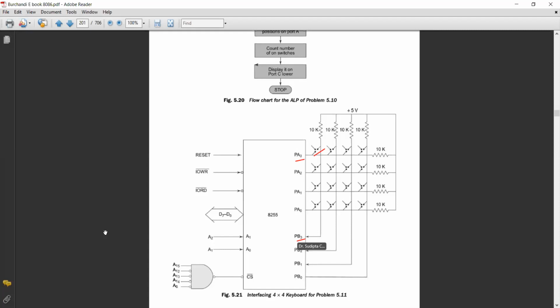With the help of these two being 0, I can identify which switch is pressed.